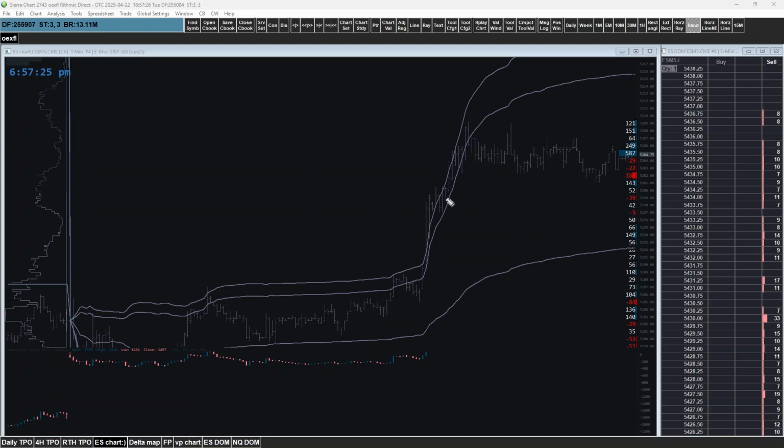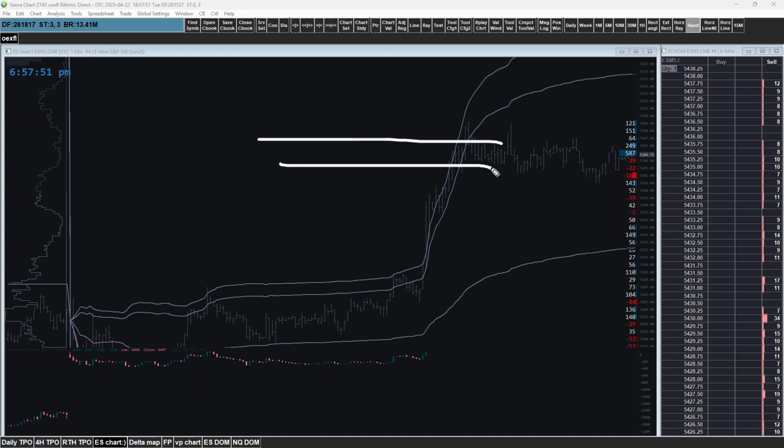When we have cases like this where we're trading between the standard deviation bands or for a while above, either between or above or both, it doesn't matter, this indicates a strong trend, in this case a strong bullish trend. And what I don't like is to fade it.